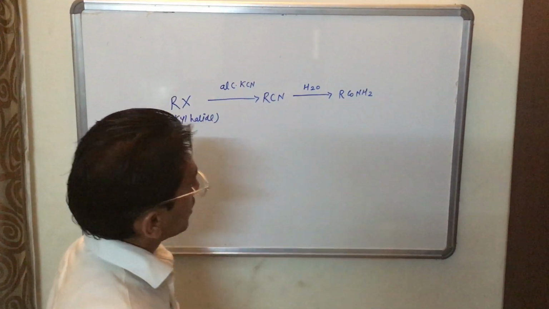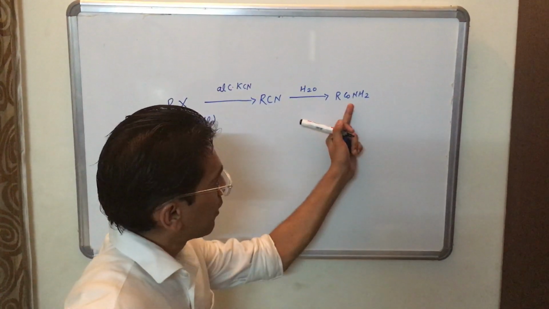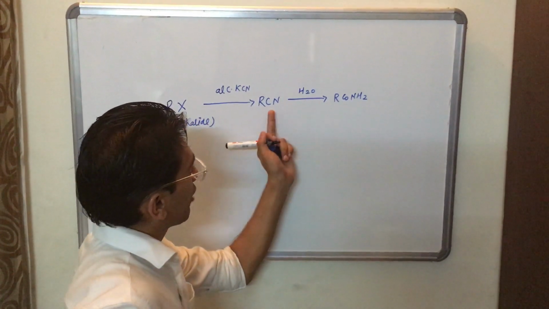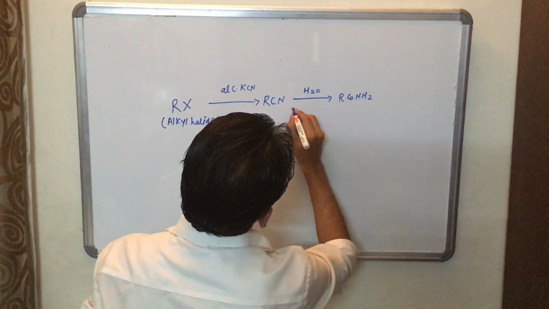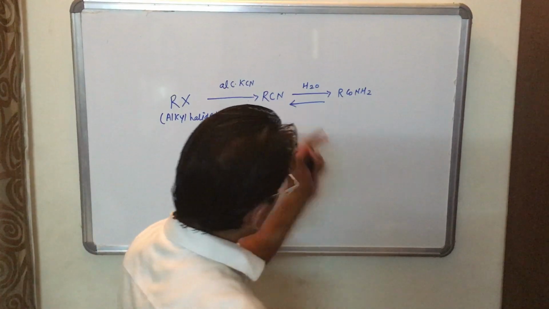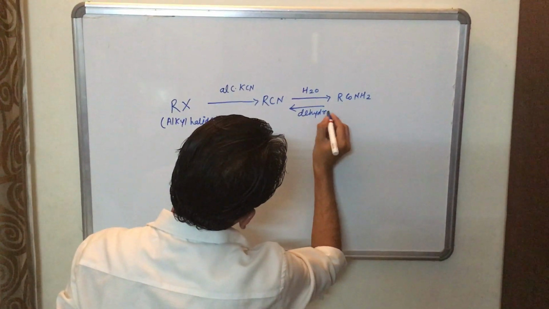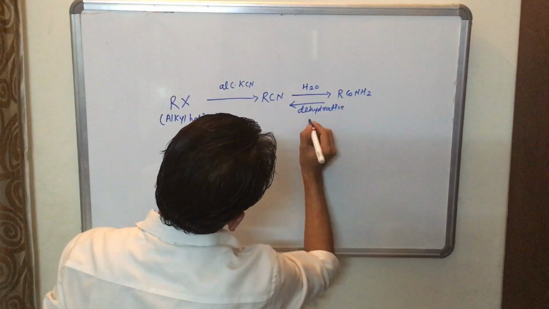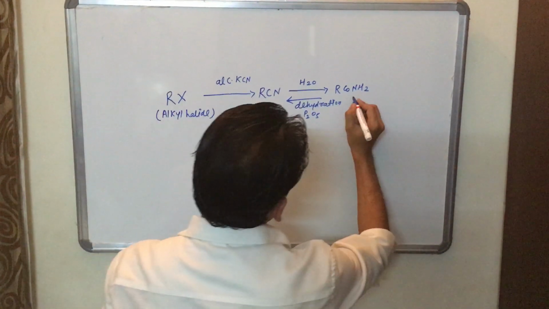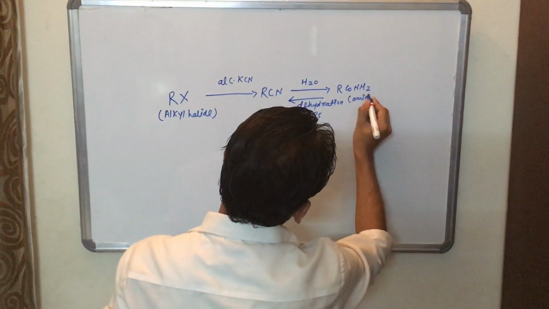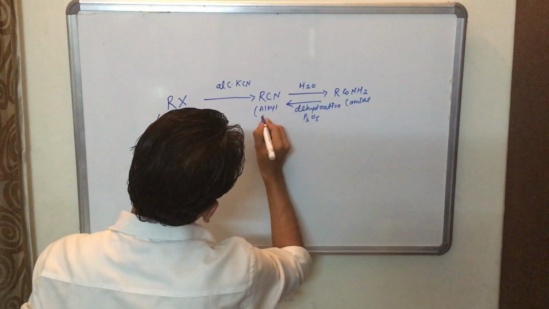Now I have amide, and from amide I want to obtain alkyl cyanide. Then I have to do dehydration. This is amide and this is alkyl cyanide.